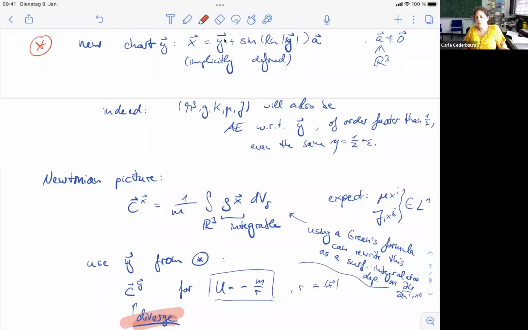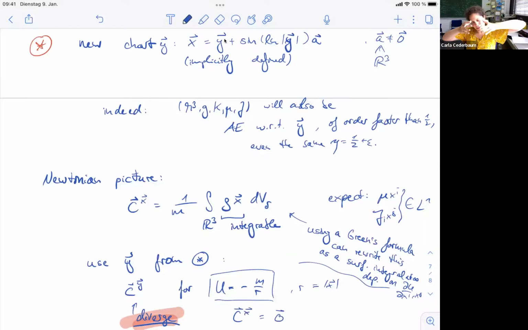Where we should expect it to be in the origin, really, because this is the point particle sitting at the origin, and the Newtonian potential it generates, so the center of mass better be in the origin, and it is. If you look at the C_x, of course, that's in the origin, but in this new coordinate chart shown at the top of the slide, because of this sign of the logarithm, it oscillates.